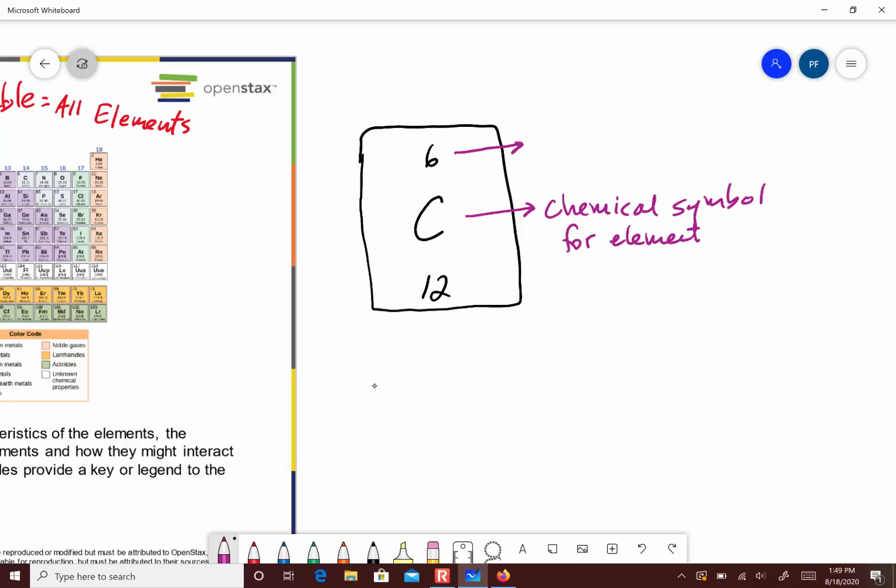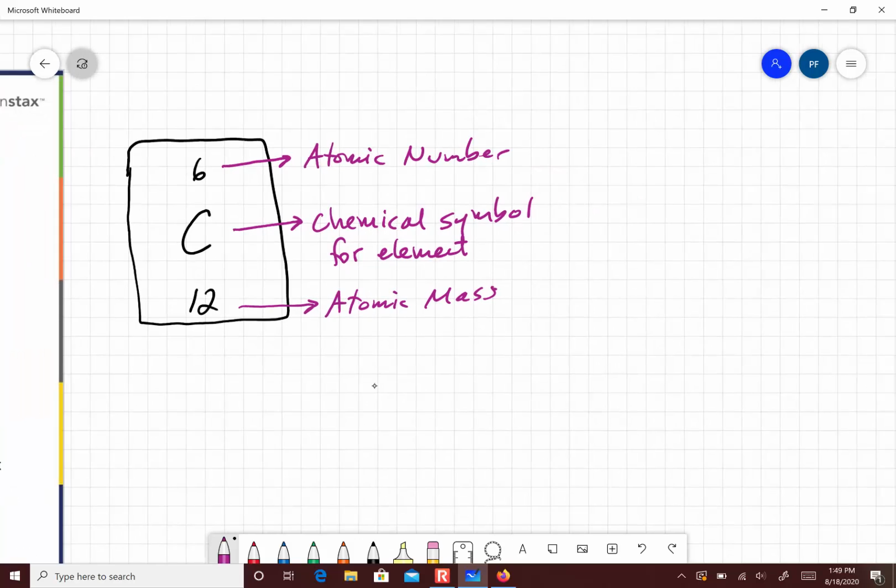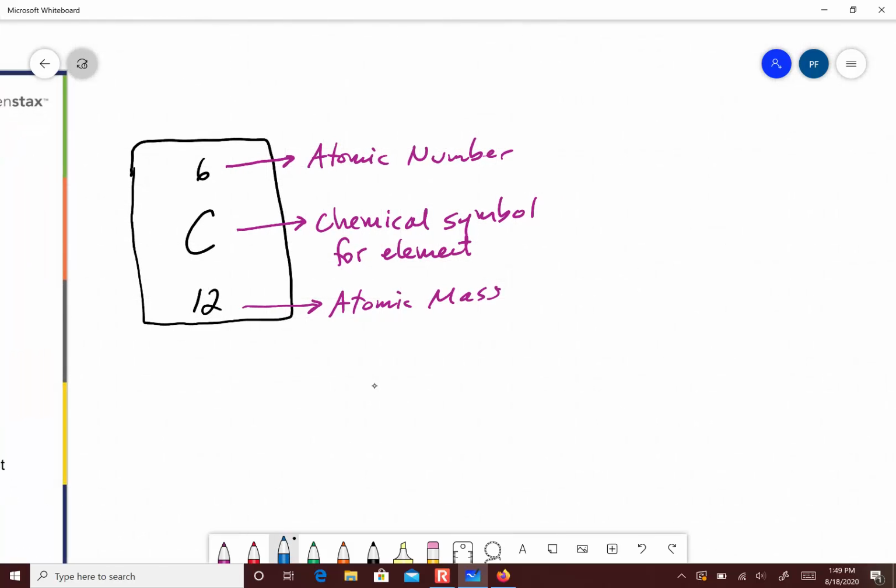The top number is called the atomic number. And the bottom number is called the atomic mass. And then some definitions here. The atomic number is going to equal the number of protons in the atom.